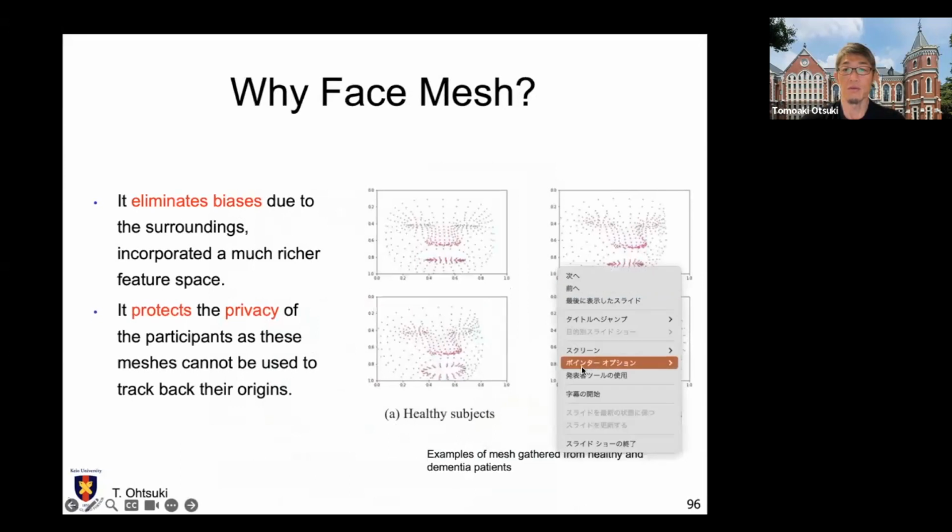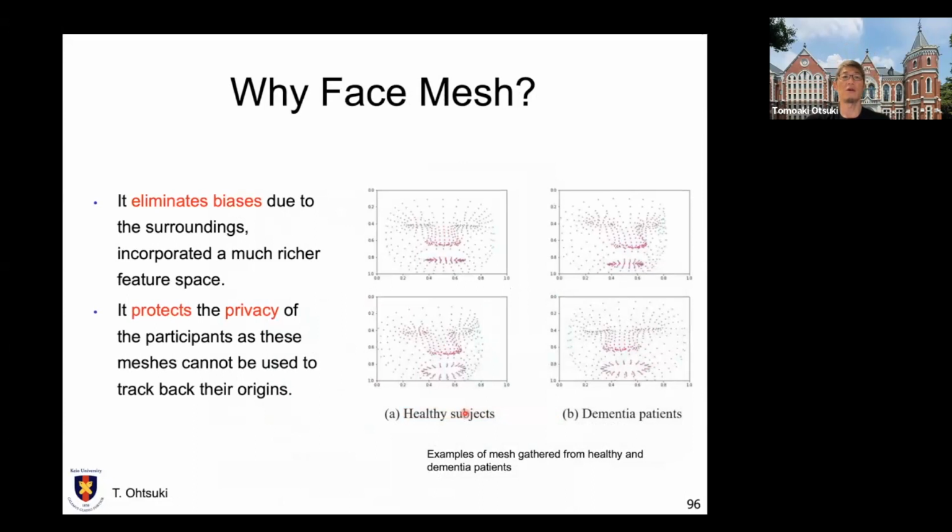So why use face mesh? One reason is to eliminate biases. In general, several papers reported very high detection accuracy, but some papers mentioned that this was probably due to environmental biases, like lighting or background information.